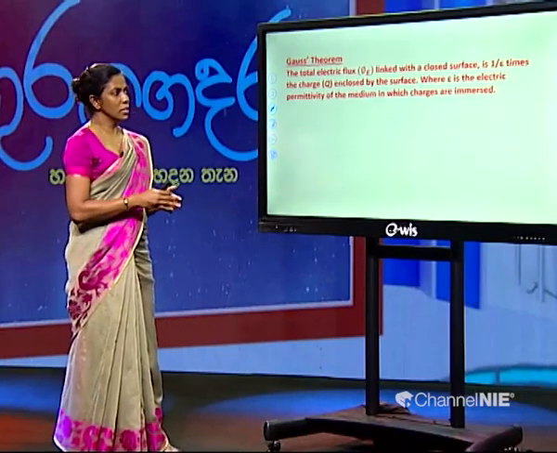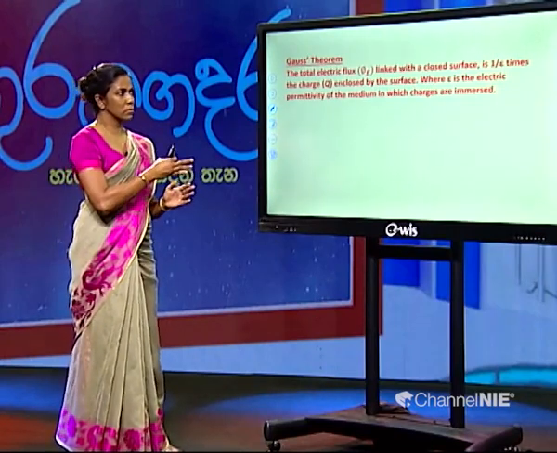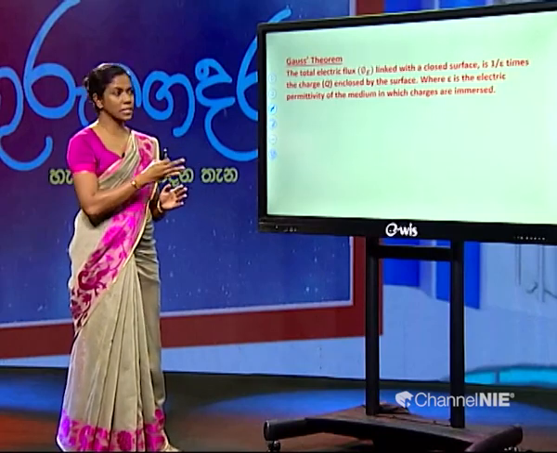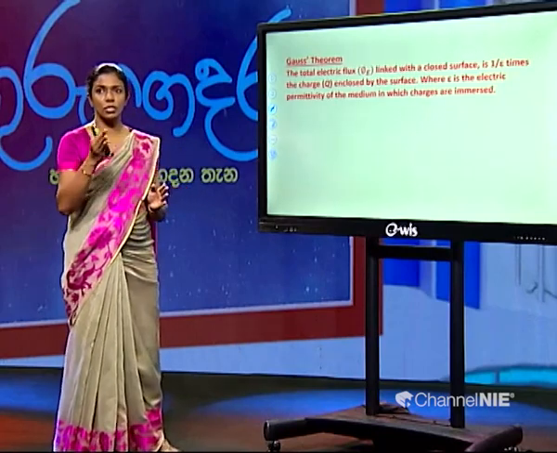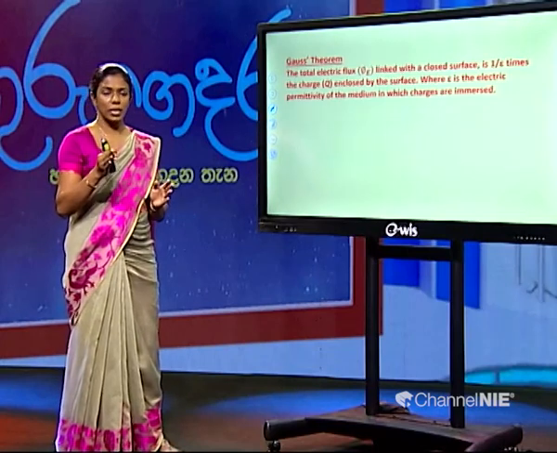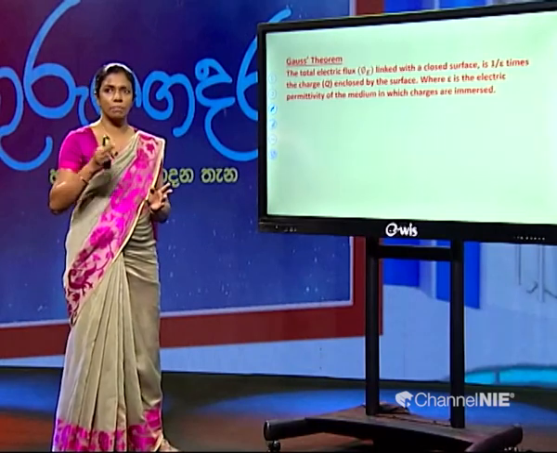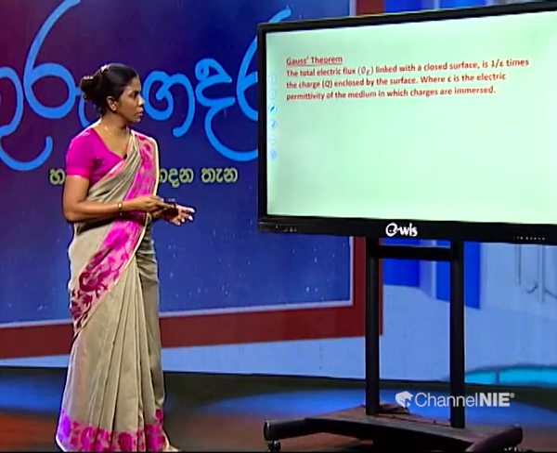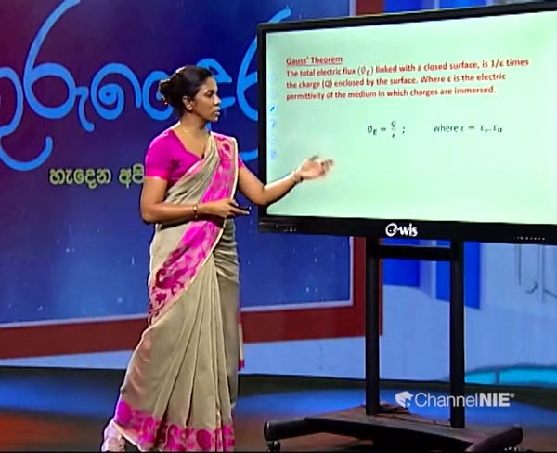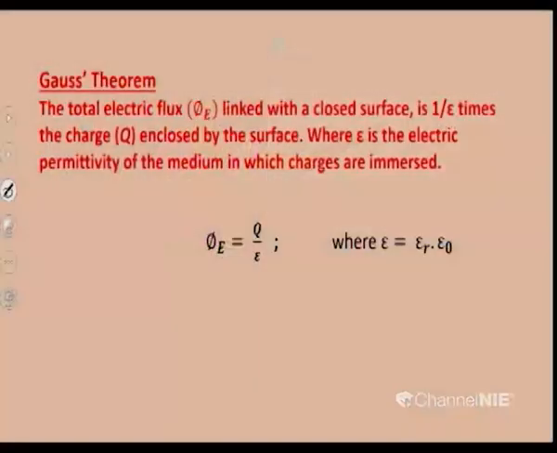Now, according to this, let us see whether what we learned is the same. So, flux is proportional to the field lines. We learned in the field concept that field lines are proportional to the charge. In other words, by Gauss's theorem, the flux is proportional to the charge, equivalent to 1 upon epsilon times the charge.